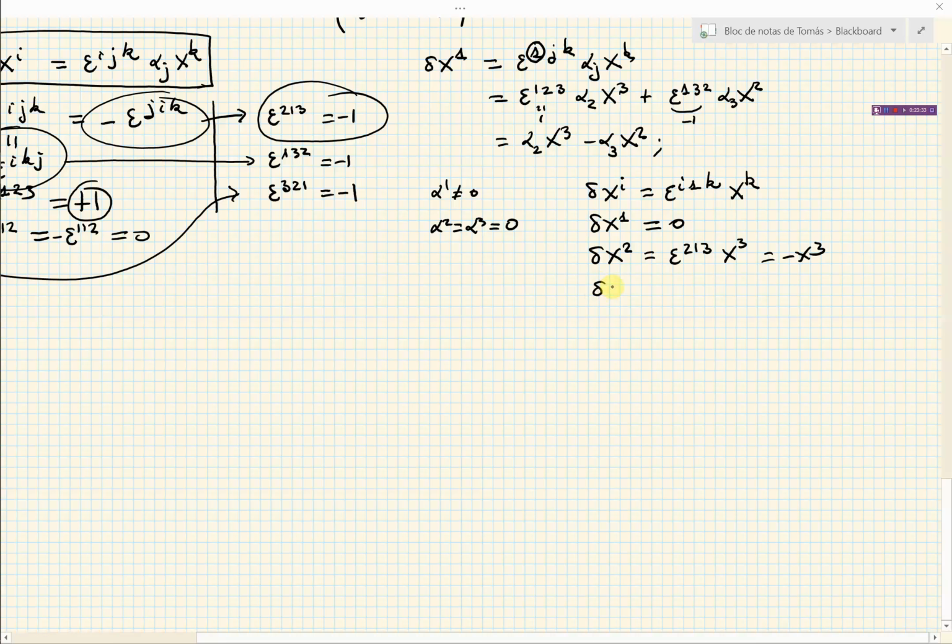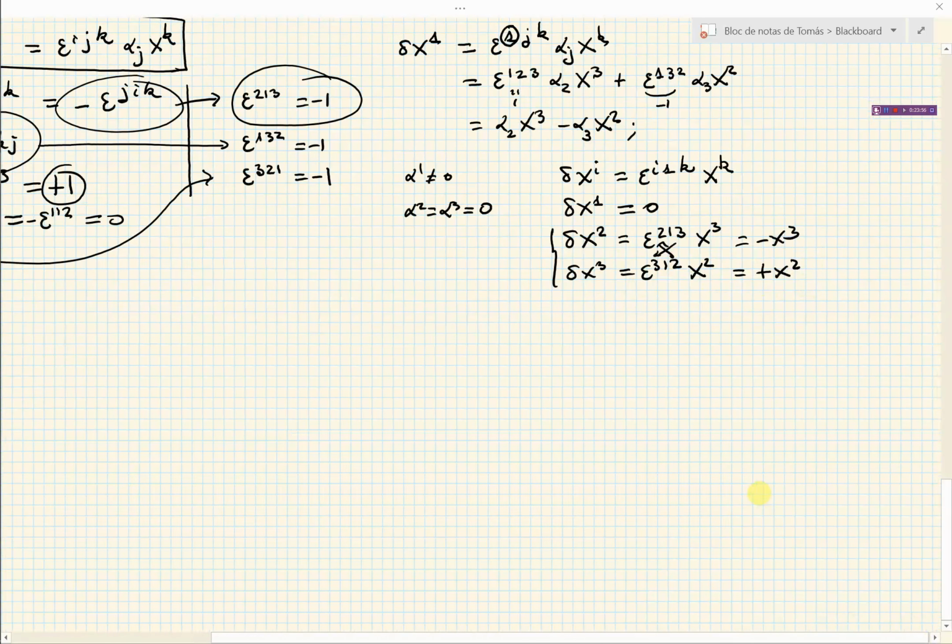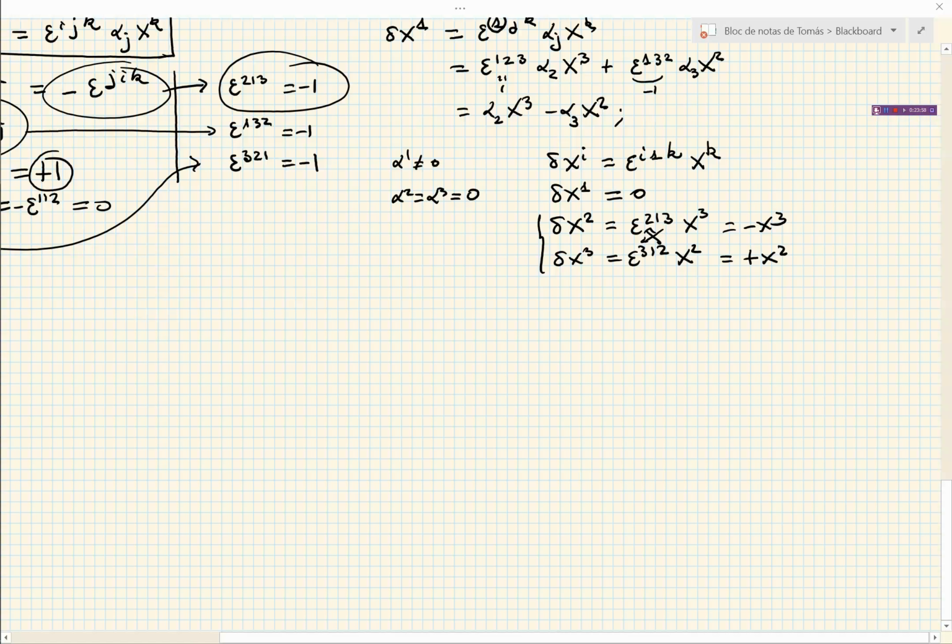And delta x3 is epsilon 3, 1, 2, x2, and okay, you just see that you have interchanged this, and because this was minus 1, this is plus 1, so it is plus x2. Now this transformation in which x2 goes to minus x3 and x3 goes to plus x2 is just a rotation in the axis x1. x1 is not transformed, so this is the axis of rotation.